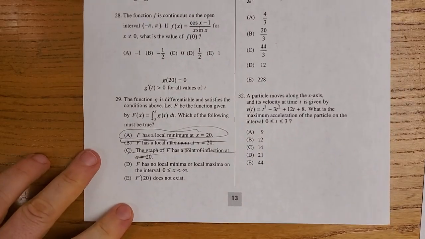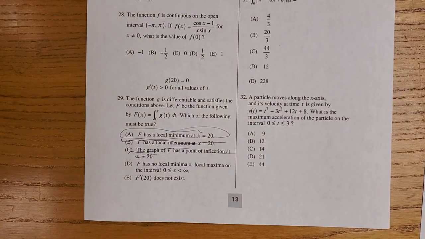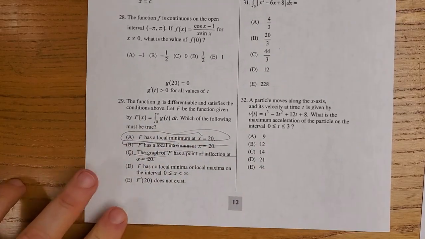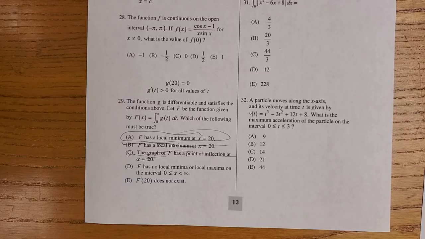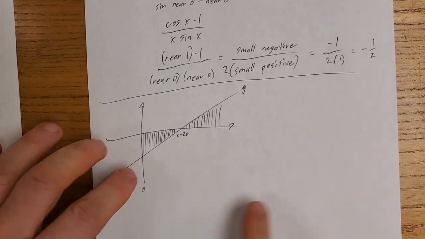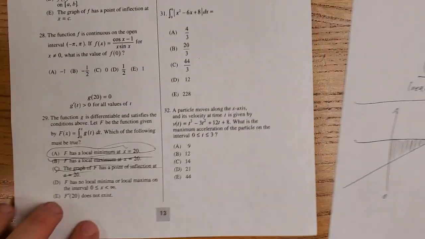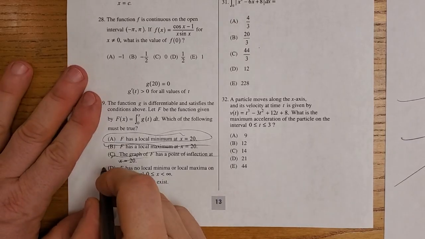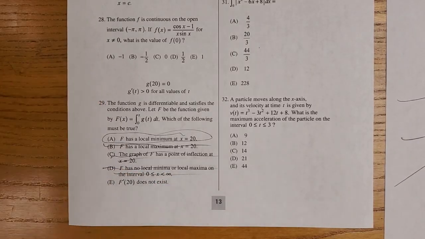And D is suggesting that the function, again, the function being the definite integral, has no minima or maxima as you go from 0 all the way out to infinity. And we already decided it definitely does have a minimum. So it's not going to be that.